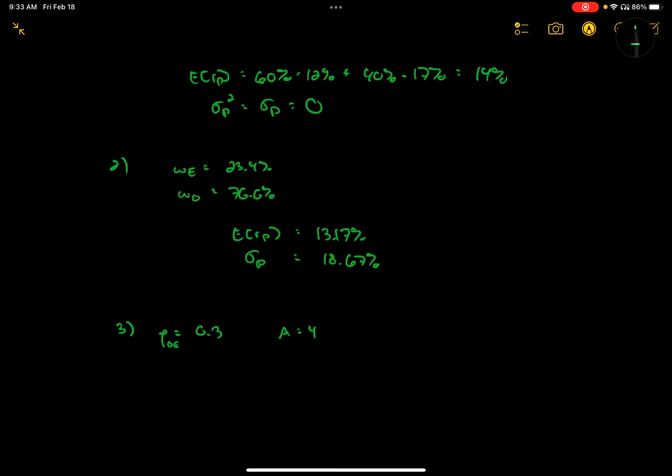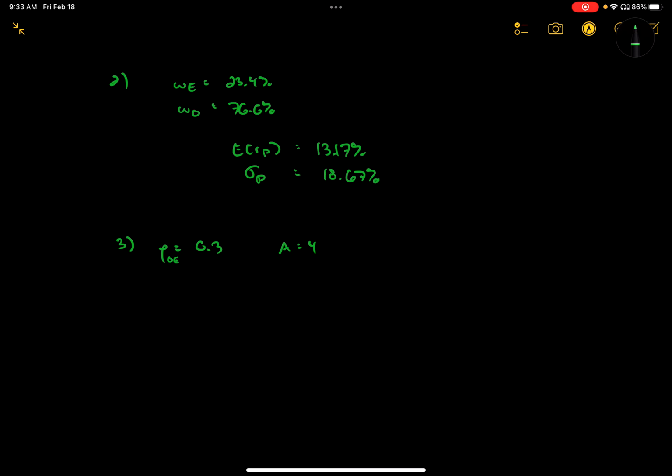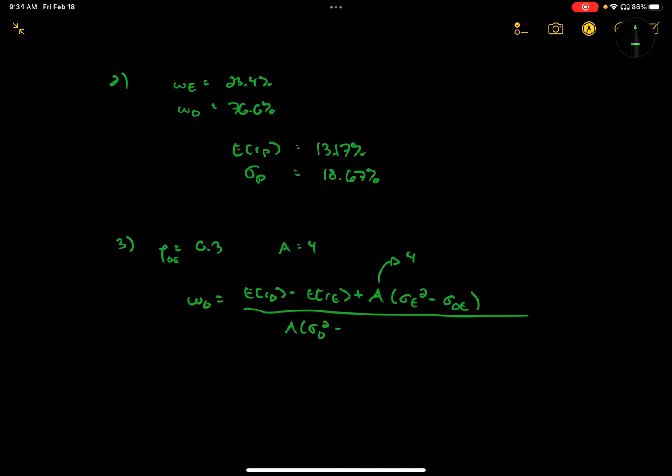So, the first step is to find the weights of the optimal portfolio using the optimal portfolio weight formula. So that's W of D is equal to expected return D minus expected return E plus A, which is given to us as 4, times sigma E squared minus, and so on over A times the variance terms.